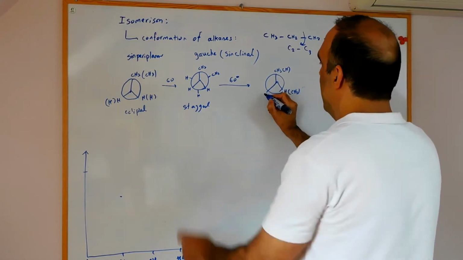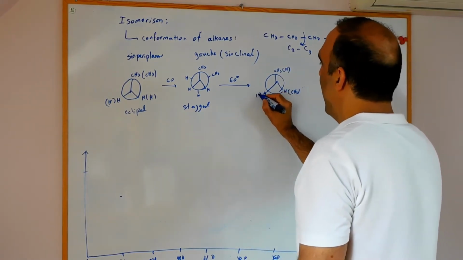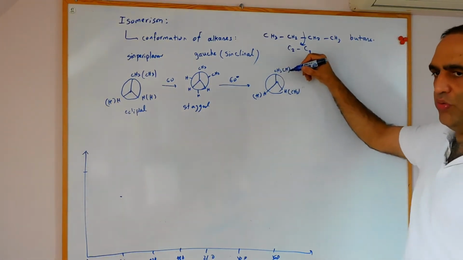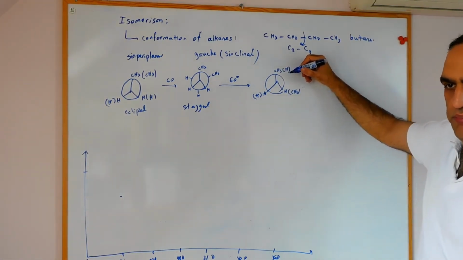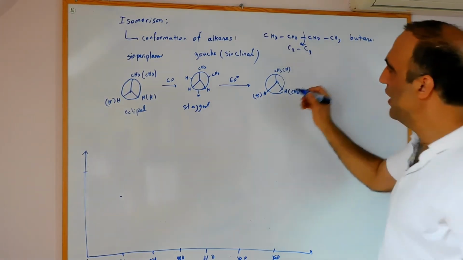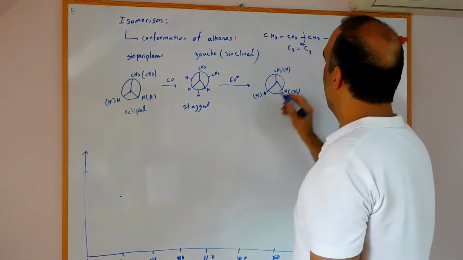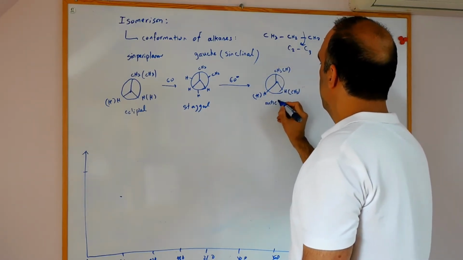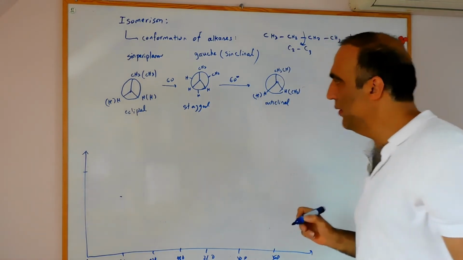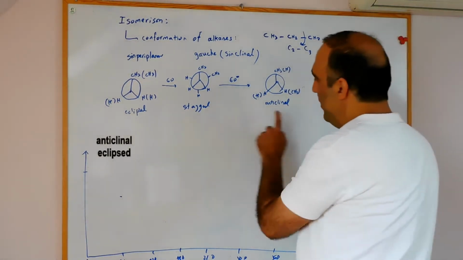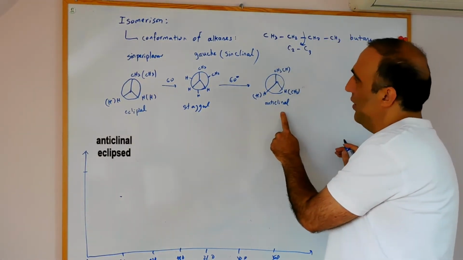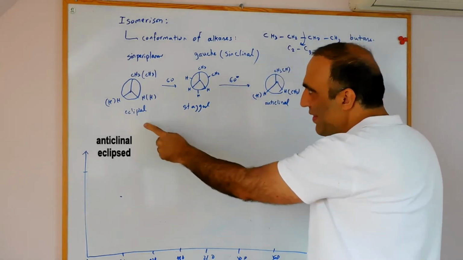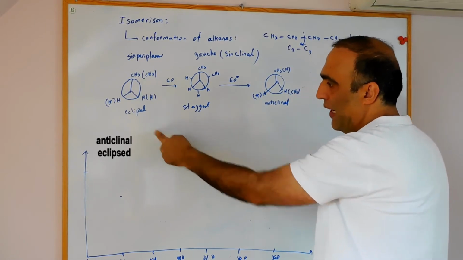Compared to the first eclipse, the second eclipse has less repulsion because the 2 methyls are closer to 2 hydrogens. And we call this shape anticlinal. As you compare the energy, this energy is higher than the gauche, but less than syn-periplanar.